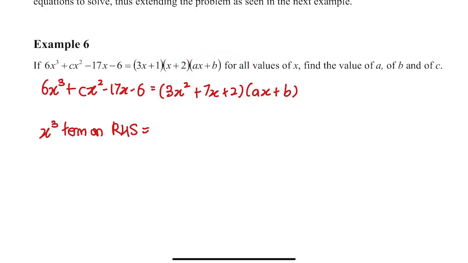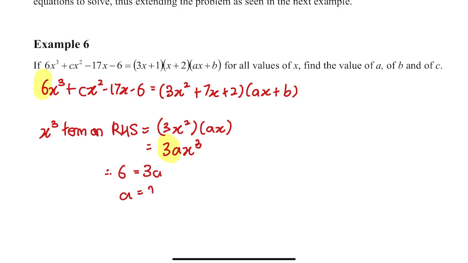So this means it should be 3x squared times ax, which is 3a x cubed. If I compare to the left side, the left side coefficient is 6, the right side coefficient of x cubed is 3a. Therefore, 6 equals 3a, a equals 2.